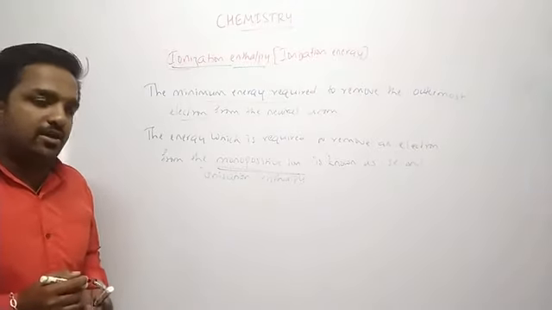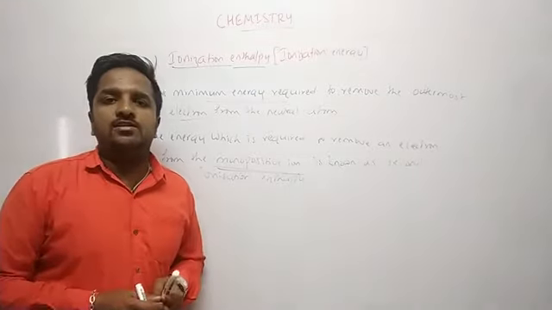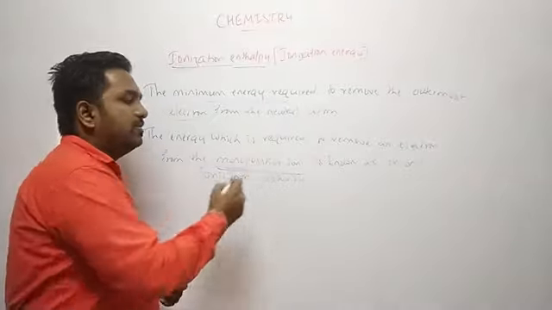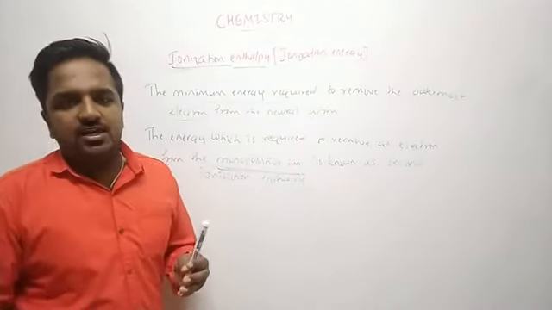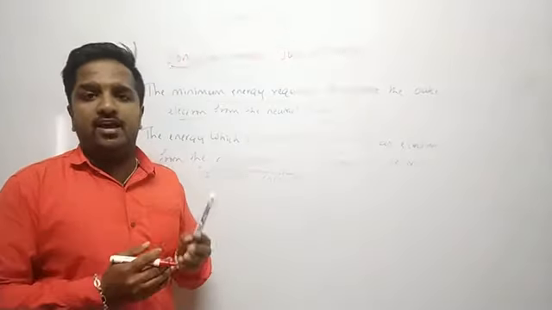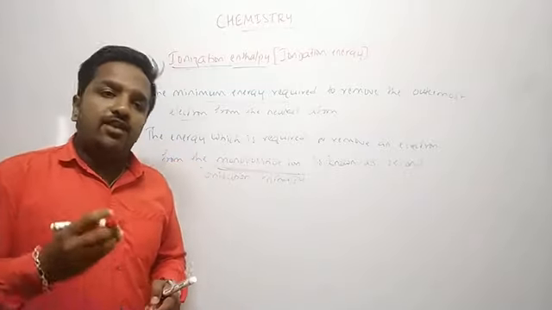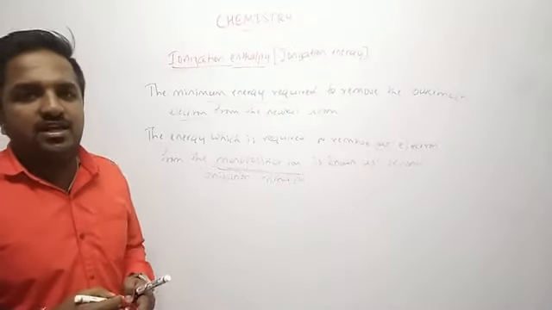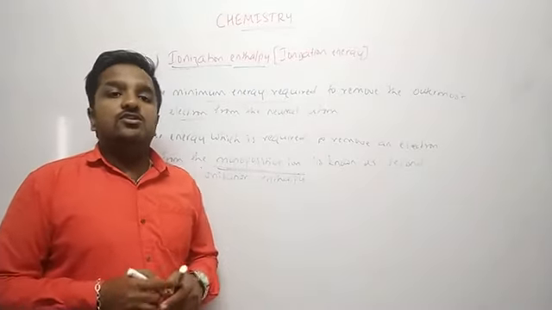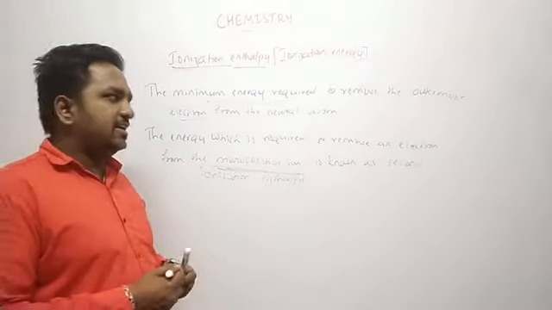It requires some extra energy to grab the next electron from the monopositive ion, because the effective nuclear charge between the nucleus and the outermost electron in this case will be very high. To overcome that high effective nuclear charge, we have to put in extra external energy. So second ionization enthalpy will be higher than the first ionization enthalpy.